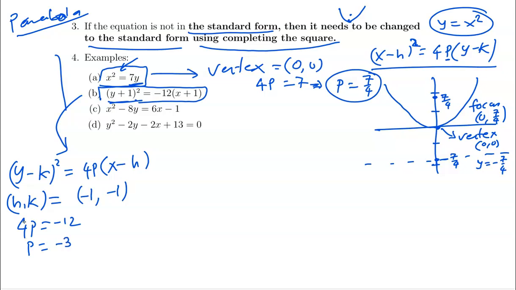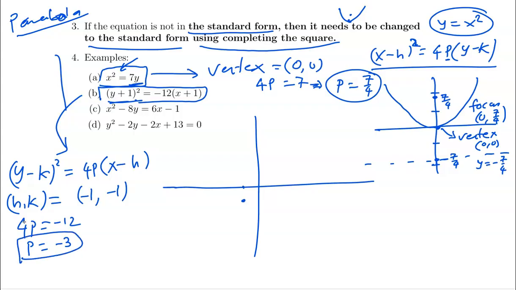All right, do you see that? And that's a negative number, so that means it opens to the left. The negative means toward the negative x-axis. All right, so again my vertex is negative 1, negative 1. And from the vertex, I'm going to go p units to the left and right.